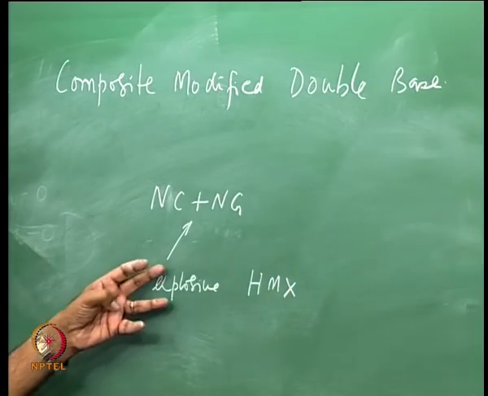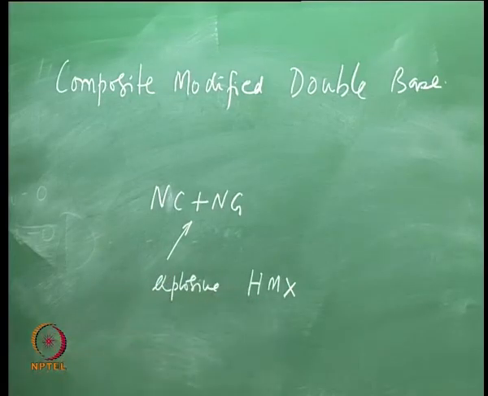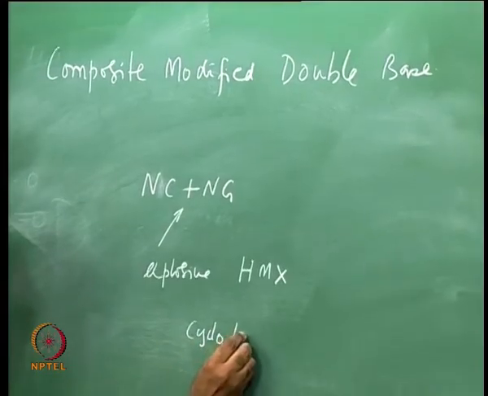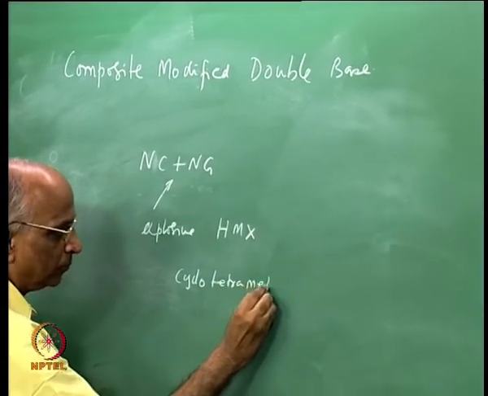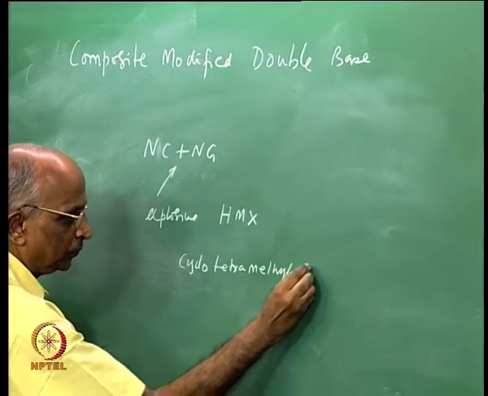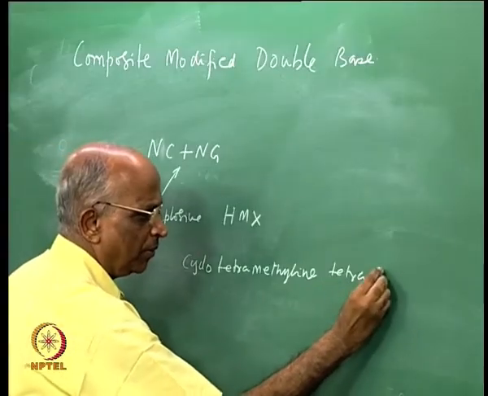What is an explosive? It consists of fuel and oxidizer together. This HMX consists of something like cyclo tetra methylene tetra nitramine.